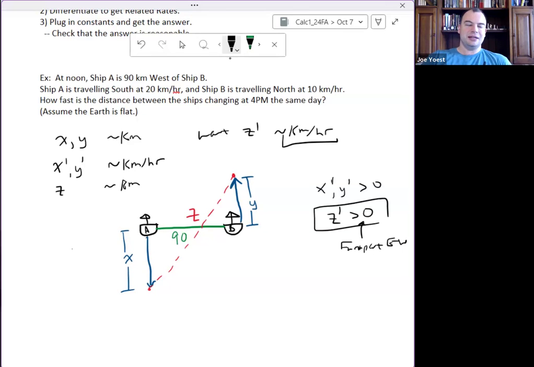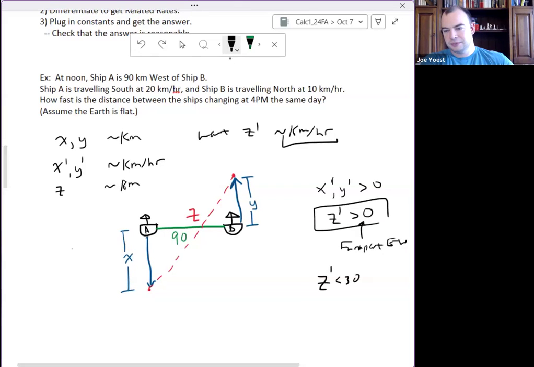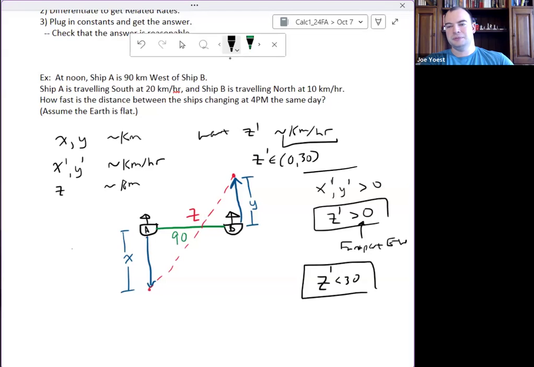But if the ships are back to back and they start just moving straight apart, then their speeds just add. So z prime has to be less than, well, 20 plus 10, or 30 kilometers an hour. I mean, z prime is less than or equal to 30, but since we know they're not back to back, it's got to be strictly less than. So we want z prime in kilometers per hour, and z prime has to be between 0 and 30.